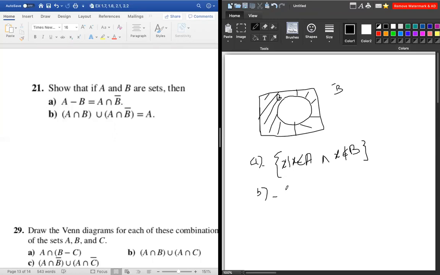Okay, so the next part is part number B. So we will say that A here equals A intersection U. Oh, this is a U, okay? This is not a union. So let me just put a little, yeah, A intersection U, right?